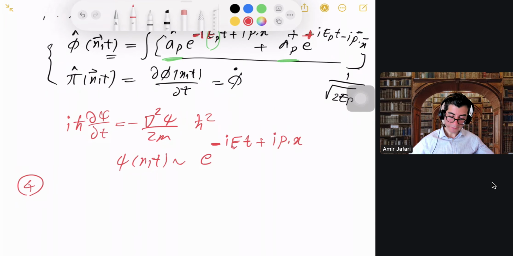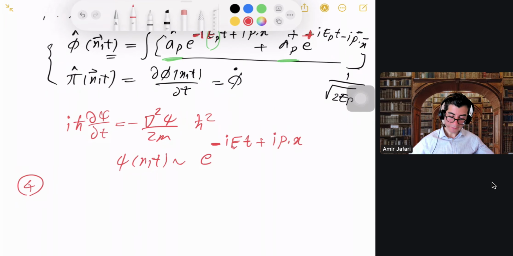If you plug in this expression here and assume that the particles have very small kinetic energies with respect to their rest energy, you're going to recover Schrödinger's equation for psi. Here as well you see that we have this minus sign. This is another calculation that I encourage you to do, and I'll do it in the question and answer session, whatever we call it. It's simple but still important.